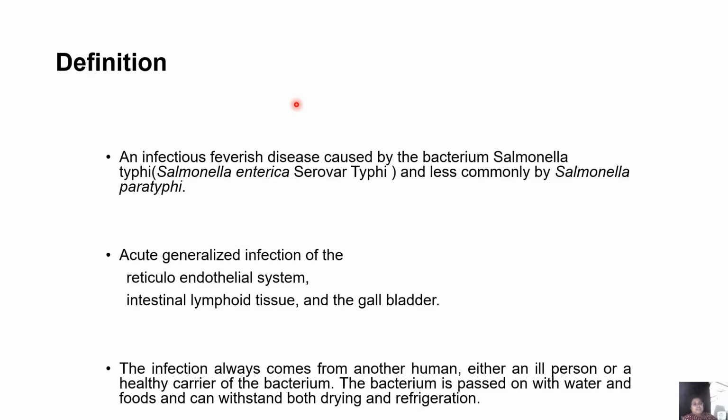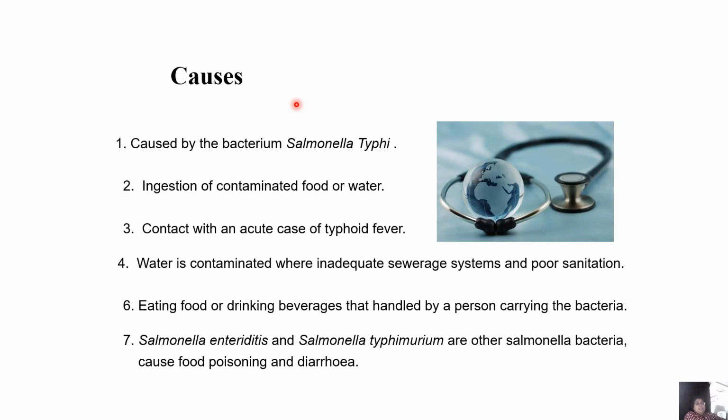The infection always comes from another human, either an ill person or a healthy carrier of the bacterium. The bacterium is passed on with water and foods and can withstand both drying and refrigeration. Now, what are the causes?